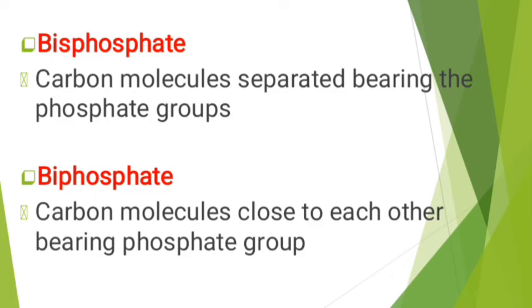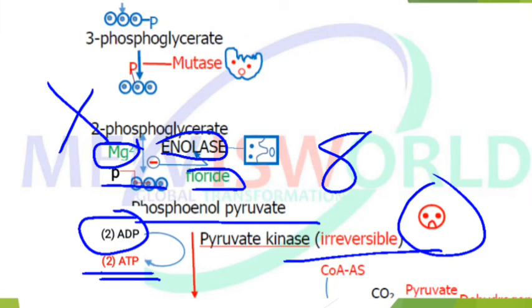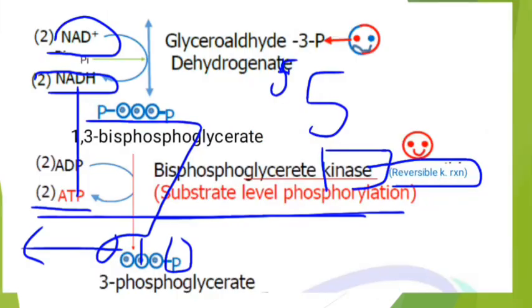Example. When you get to this point, as you can see here, you have a phosphate here, you have another phosphate here. There is a carbon molecule separating the two. It can be 1, it can be 2, it can be more. This is bisphosphate. But assuming there is a phosphate group here and another phosphate group right next to it, it is called biphosphate.